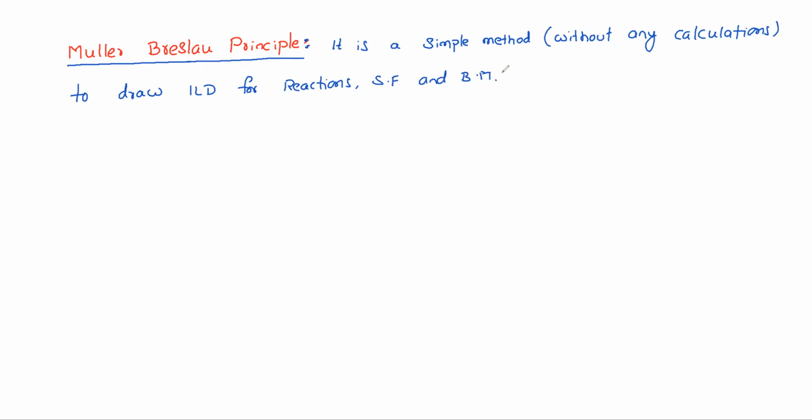Okay, so what is the logic here? The principle is very simple. Release the constraint. Release the constraint means, suppose for reaction, release the support.